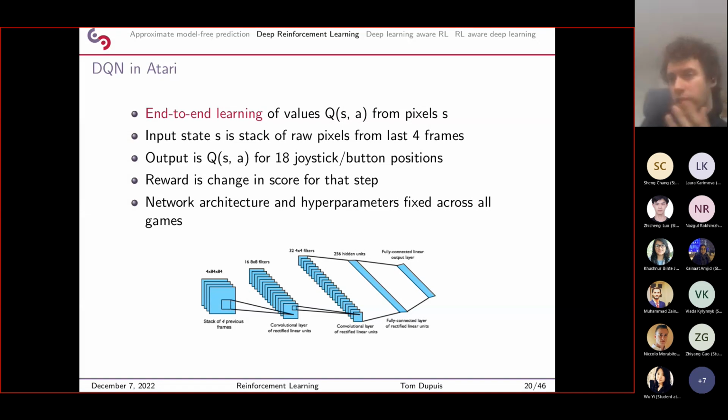Why do we need the last frame? So you need to know history to know how the ball moves, like where it comes from, which direction it moves. And what is it called in a more formal term in reinforcement learning? We saw that in the first course.